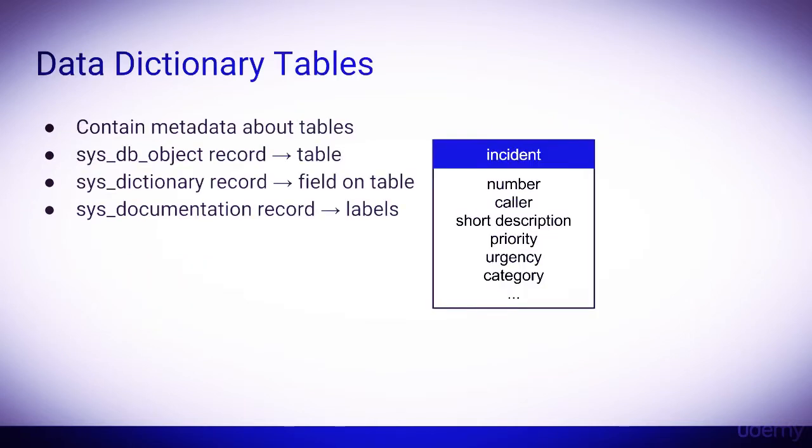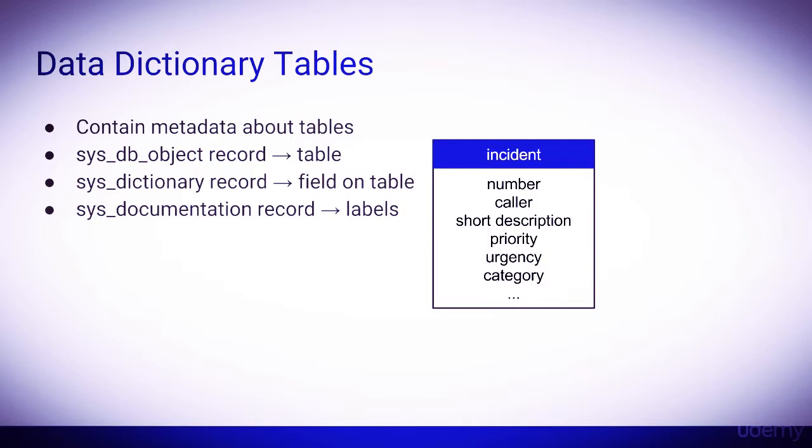Finally, we'll discuss the data dictionary tables. When we make modifications to a table or field, where exactly are these changes being stored? Well, in a database table. The data dictionary tables contain metadata about the tables and fields in ServiceNow.